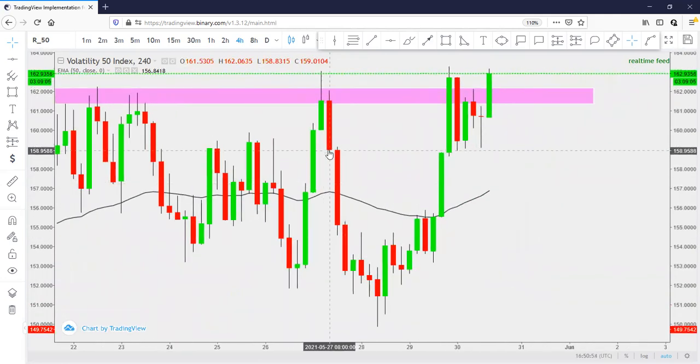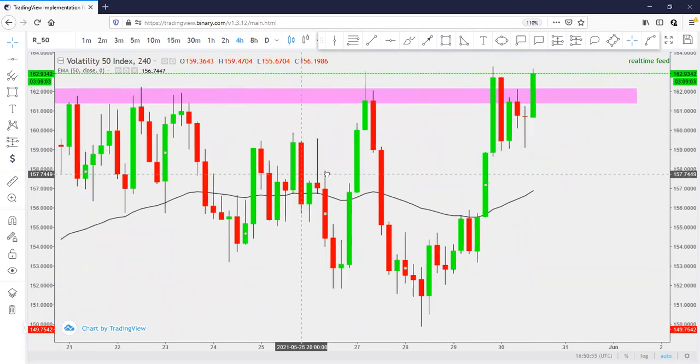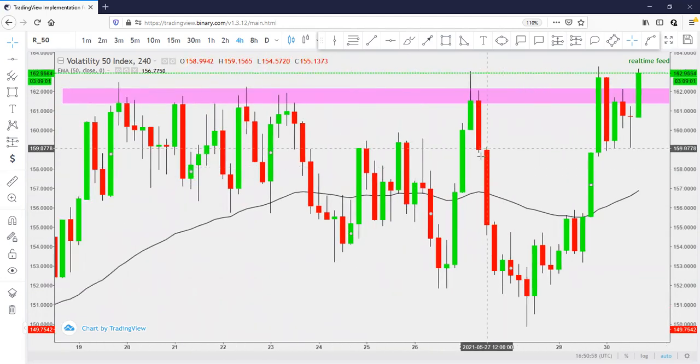Upon this closure here, you need to go back to your lower time frame to look for an entry. Why? Whenever price came back and was rejected, we were never given a very good confirmation.